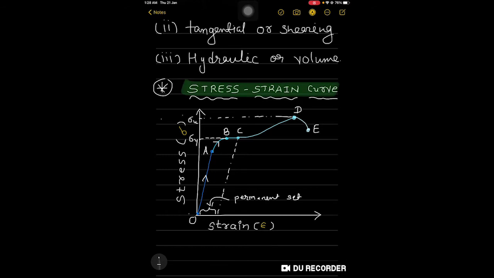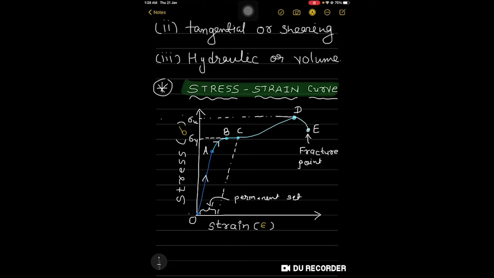Beyond this point, additional strain is produced even by a reduced applied force, and the fracture occurs at point E. So this point E is called the fracture point.